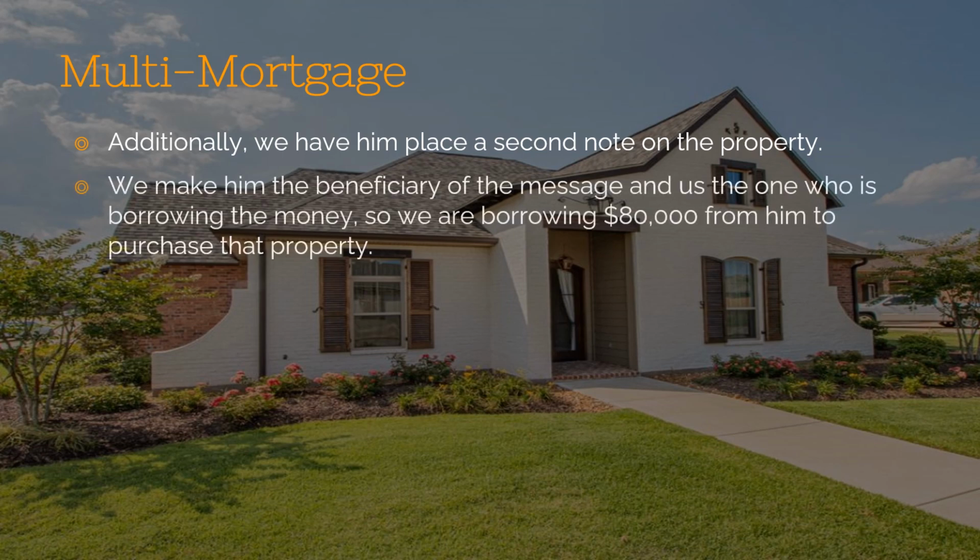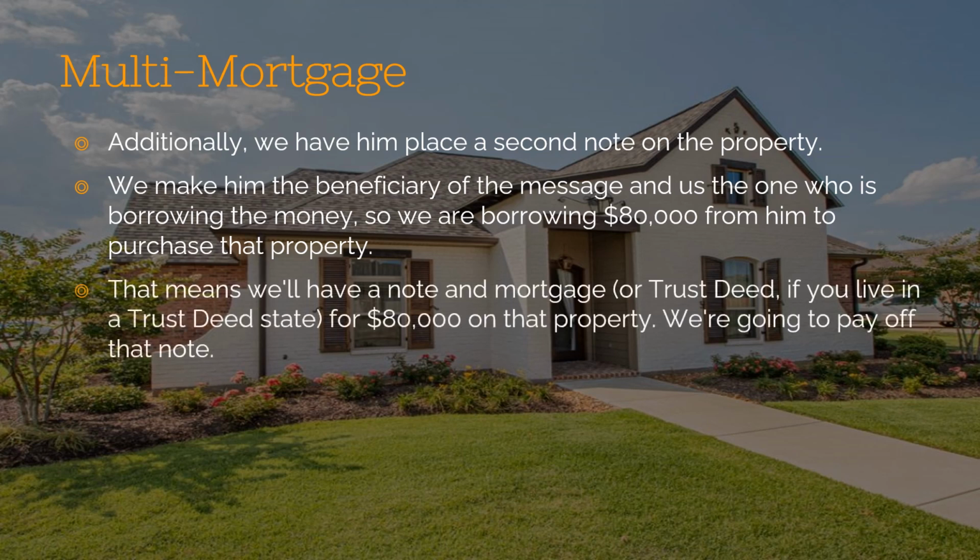We make him the beneficiary of the note and us the one borrowing the money. So we are borrowing $150,000 from him to purchase the property. That means we have a note and a mortgage, or a trust deed if you have it in a living trust, for $150,000 on that property. We're going to pay off that note.